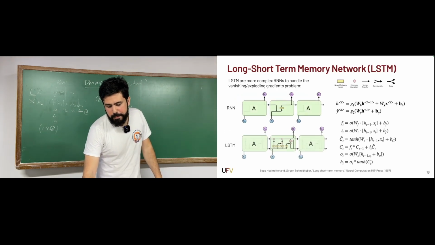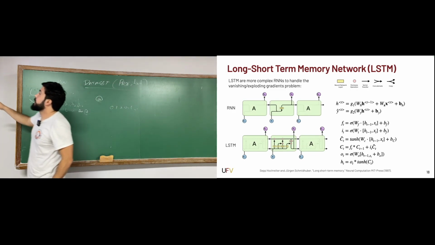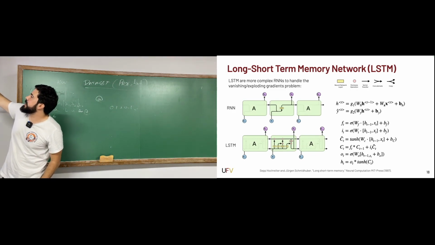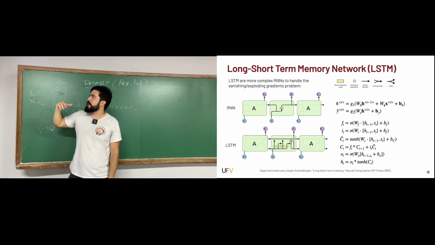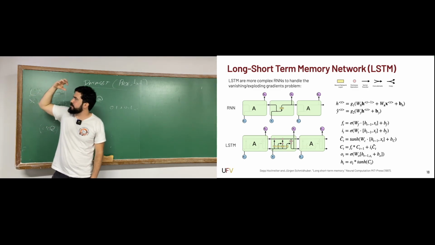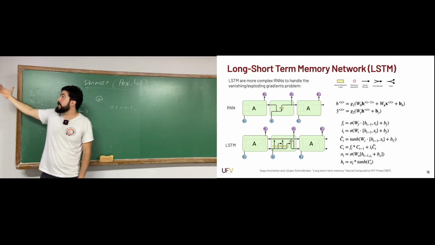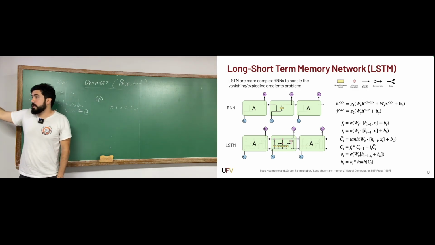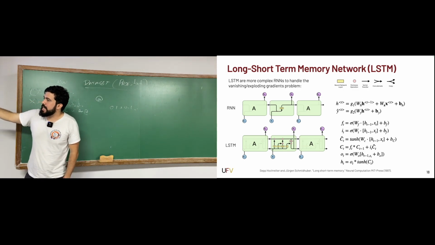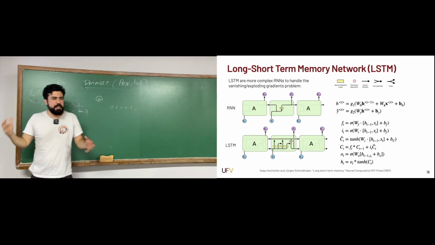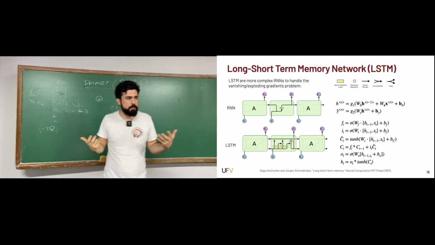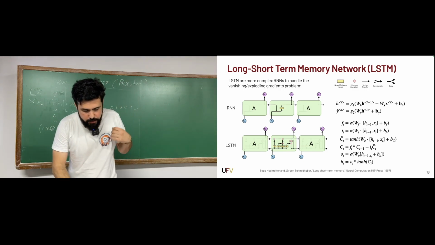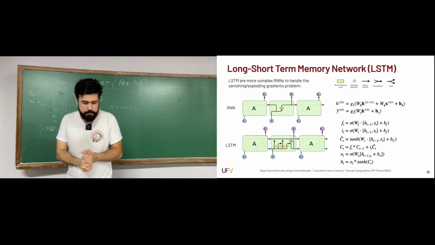First of all, let's remind ourselves that in a classic RNN, we have one hidden state, ht, that is produced by combining the hidden state of the previous time step and the current input xt. What the LSTM does is it has this idea of what they call gates. And you'll see that in action right now.